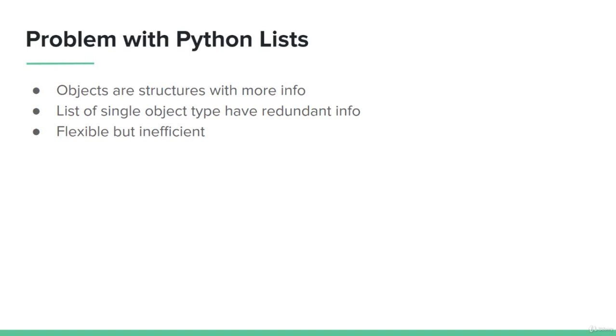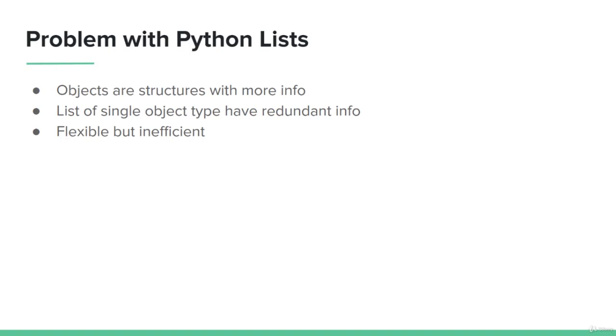These complex object structures are quite redundant, and they have redundant info. We all know that the type of all the values in a homogeneous list is integer. So if we have that information stored in a complex object structure, it's redundant because we already know that. So this takes up a lot of memory, which is not really required.